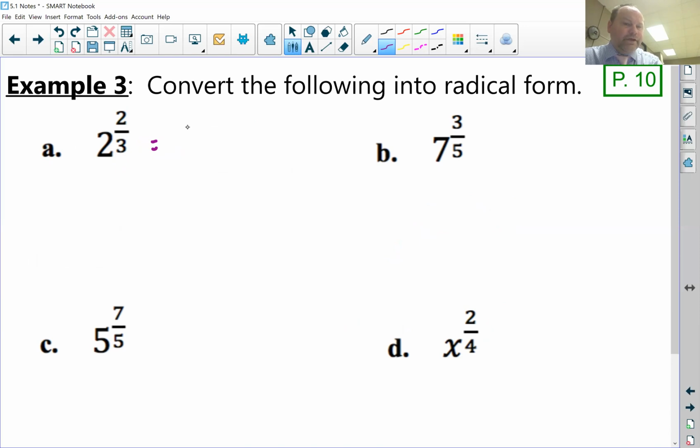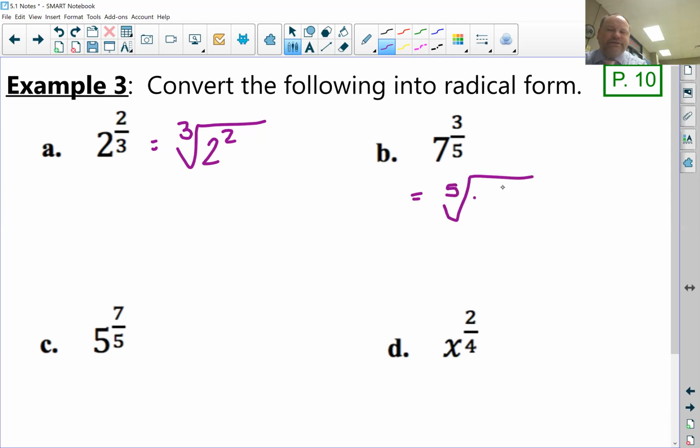The 3 becomes our index. The 2 is the exponent. And we're going to write the exponent underneath the radical symbol. 7 to the 3/5. The 5 is our index. The 3 is our exponent. 7 is the base that goes as is, the base still under the radical.